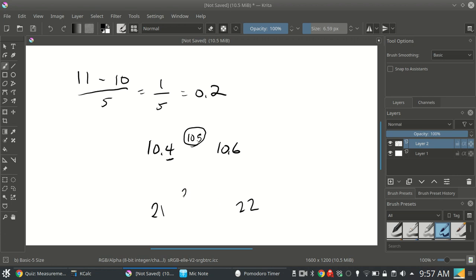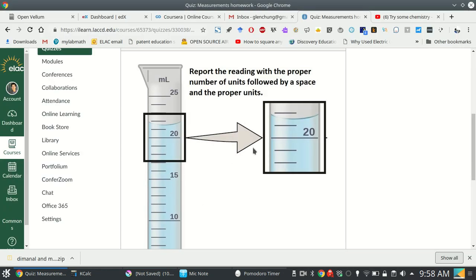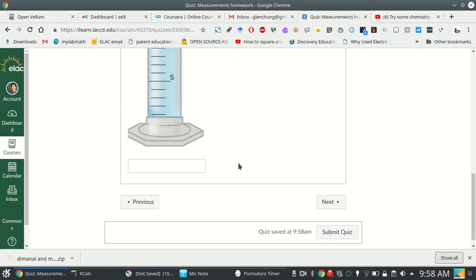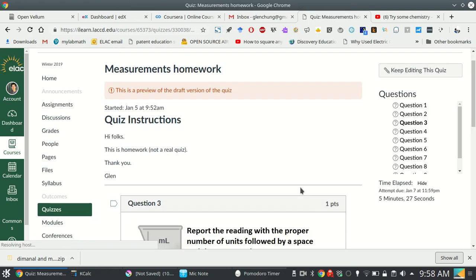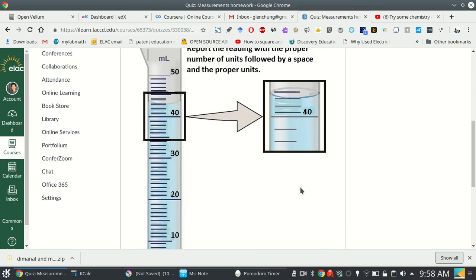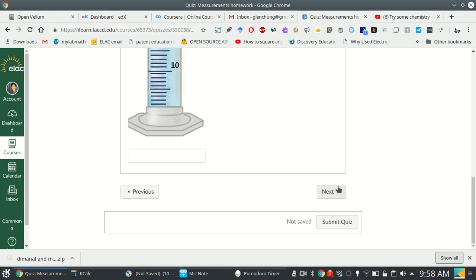So I would say this could be 21.5 or it could be 21.6, right? Notice that you have to guess the next digit. All right? So the answer here would be 21.5 or 21.6. All right? How about this? This would be a similar case, so nothing different there.